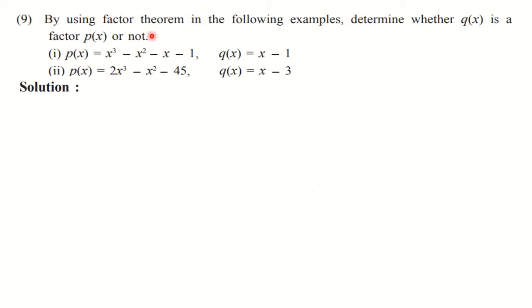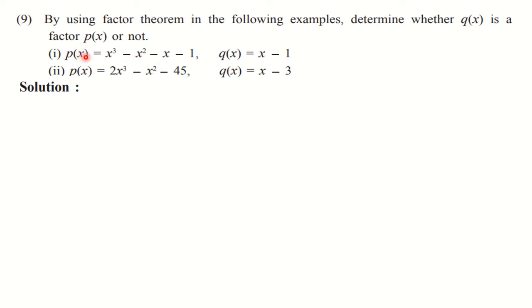By using factor theorem in the following examples, determine whether q(x) is a factor of p(x) or not. Here we are provided with p(x) as one polynomial and q(x) as another polynomial.